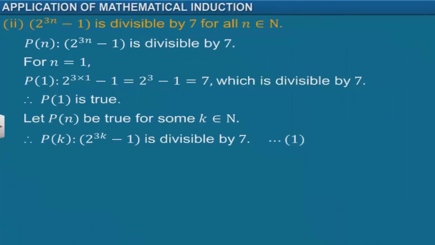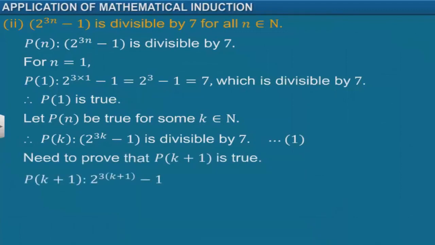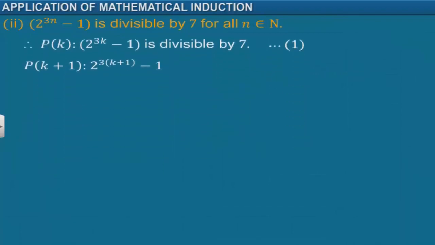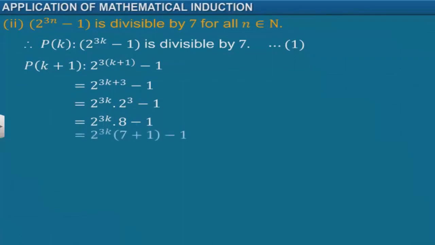Now, we have to prove that P of k plus 1 is also true. On replacing n with k plus 1, we get 2 raised to the power 3 times (k plus 1) minus 1. On simplification, we get 2 raised to the power 3k multiplied by 8 minus 1. We'll write 8 as 7 plus 1.